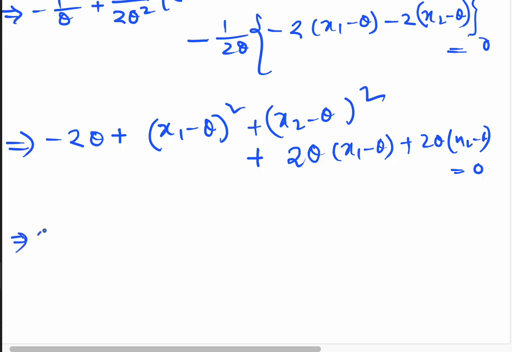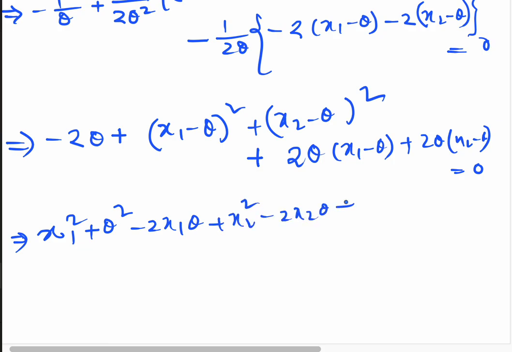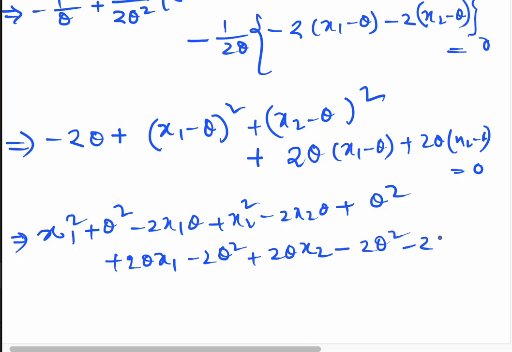So that means x1 square plus theta square minus 2 x1 theta plus x2 square minus 2 x2 theta plus theta square plus 2 theta x1 minus 2 theta square plus 2 theta x2 minus 2 theta square minus 2 theta equal to 0. So this is cancelled, this is cancelled, so we can cancel this with this.